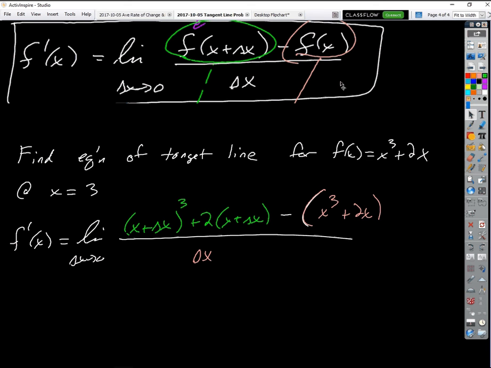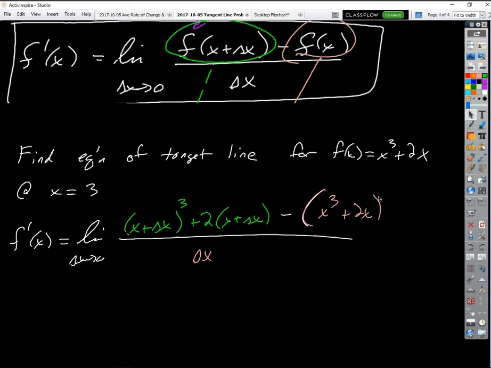I get (x plus delta x) cubed plus 2 times (x plus delta x). That is f of x plus delta x, in green. Minus f of x, which is the quantity x cubed plus 2x, all divided by delta x as delta x goes to 0.